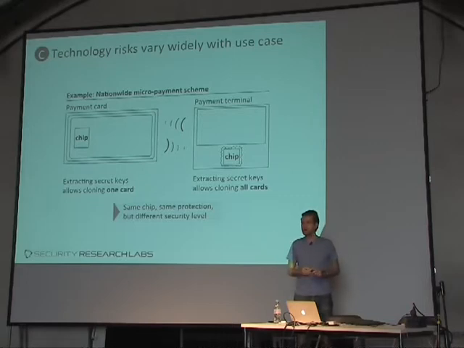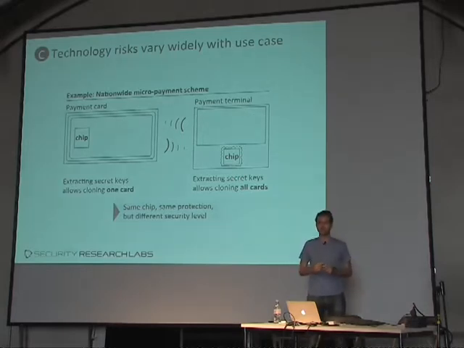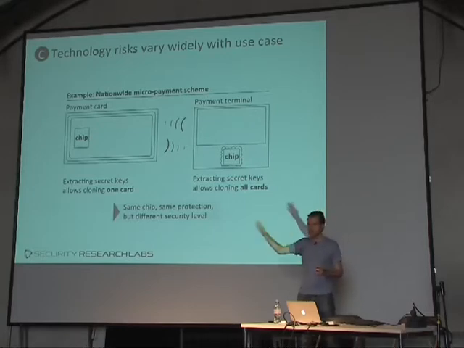There may be a criminal business case, right? So it's not always the fault of the technology, but rather the people designing systems around it that make technology insecure. And this exact same chip is secure on one side of the application and insecure on the other.